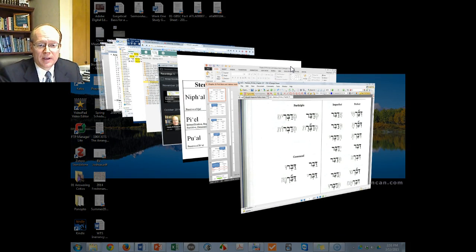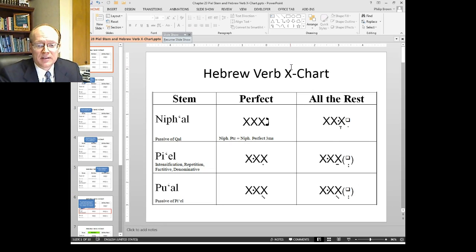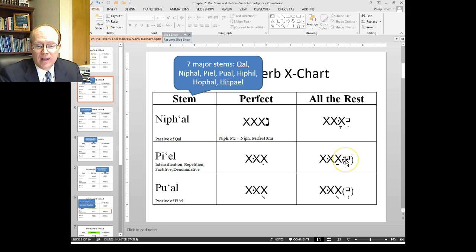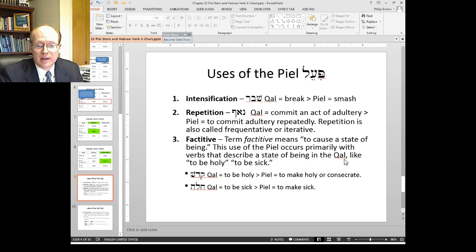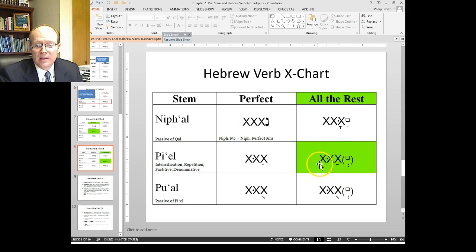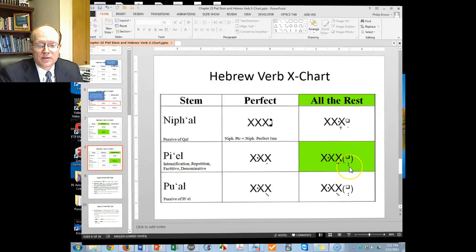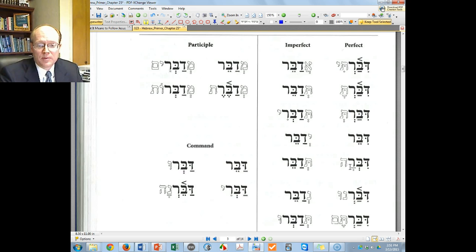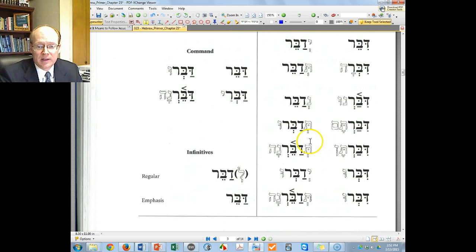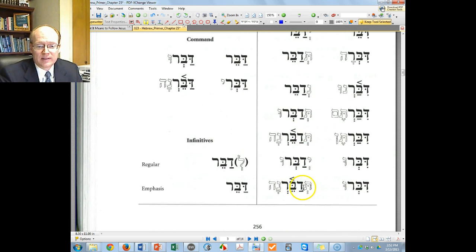That is the expected form that we're looking for in all the rest. So coming back to our textbook, shewa patach dagesh, all the way down through the imperfect, it's the same.